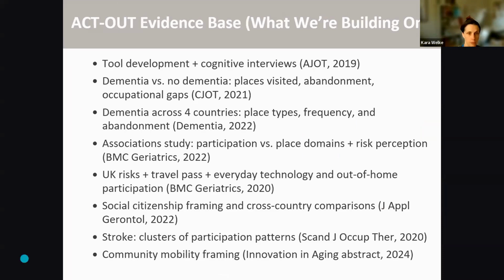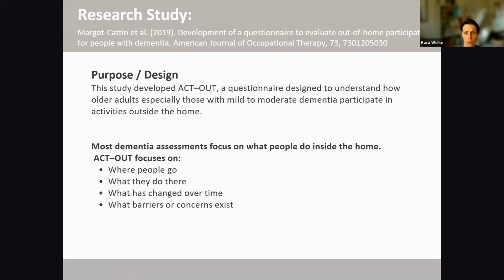So as far as evidence, there is a variety of evidence out there starting at 2019 all the way up to 2024. I'm just going to pull out a couple of these studies just because it helps show some of the benefits for why we use it.